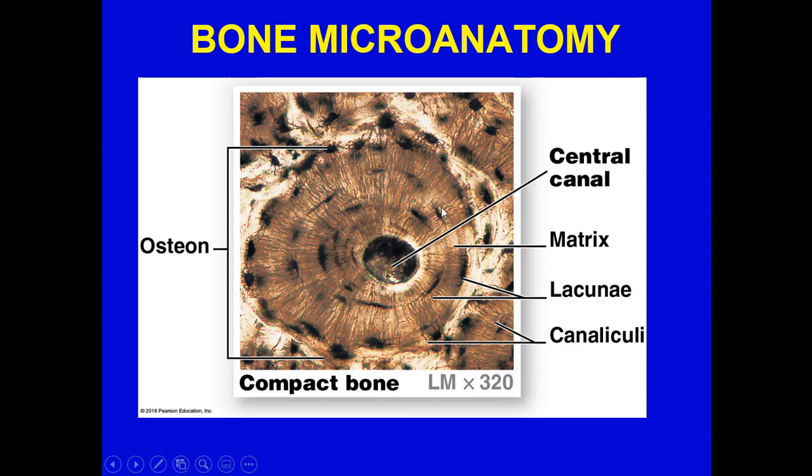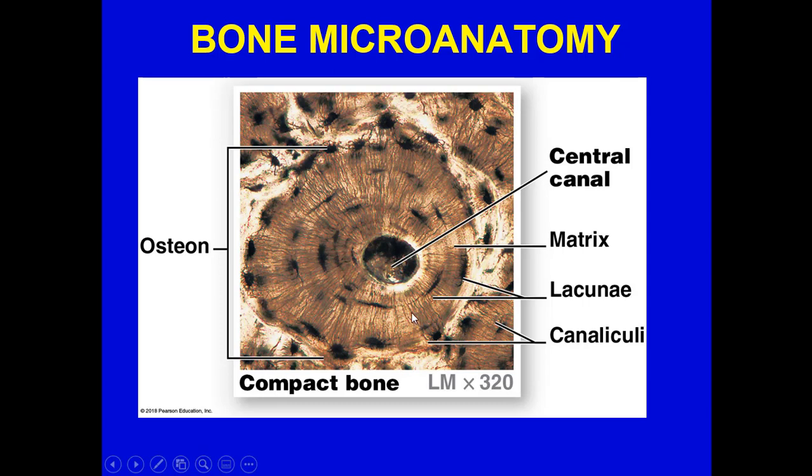You also see these little dark spots here. This is the lacunae where osteocytes would be present. The little tiny fissures are the connections, which would allow cell connection between a cell here and a cell here.